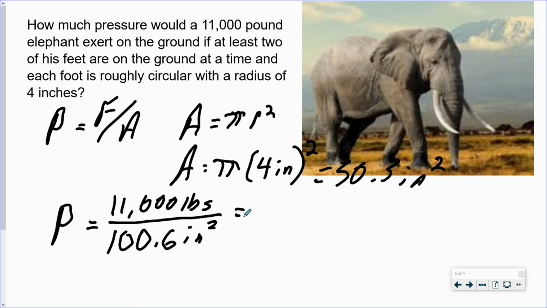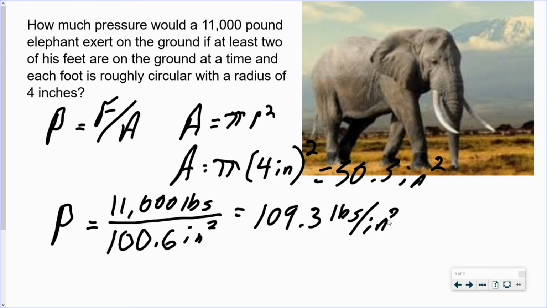So if we take 11,000 divided by 100.6, we get that the elephant is only going to be exerting a force on the ground of 109.3 pounds per square inch.